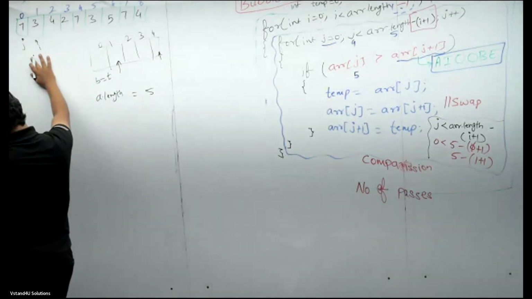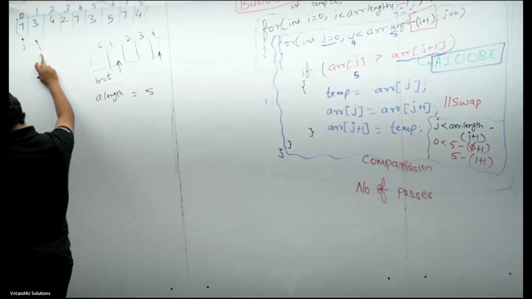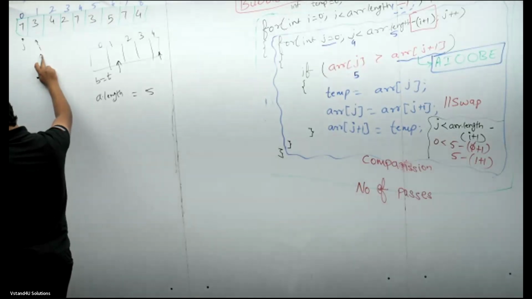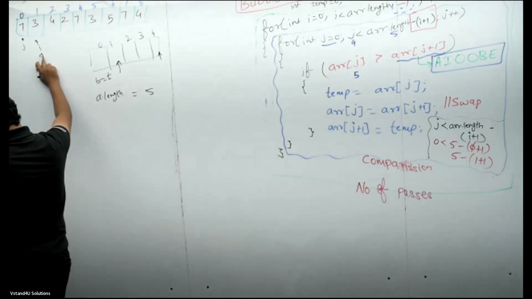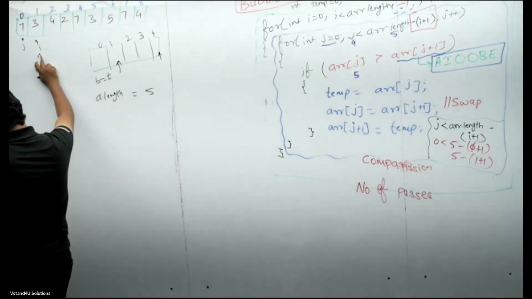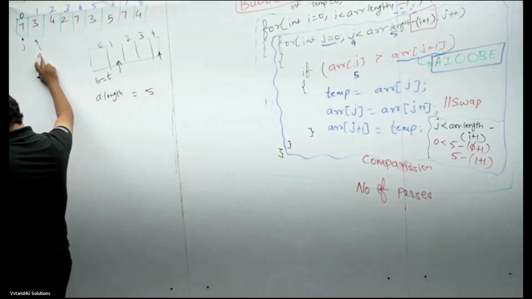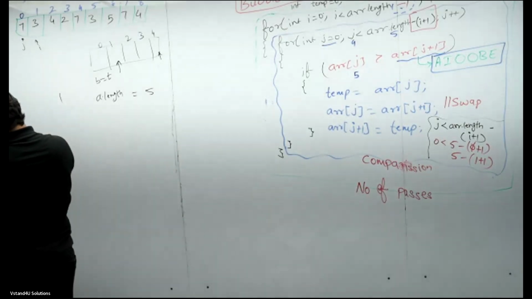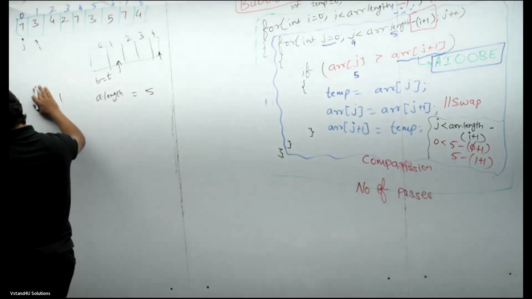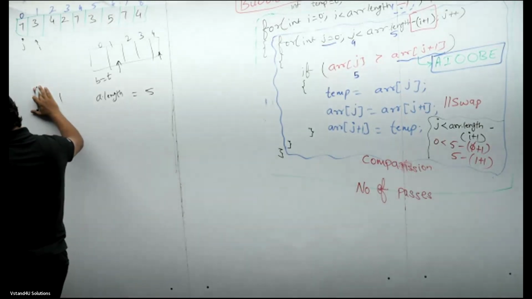Perfect. Now when you compare J and I, false is assigned to the flag. Okay, flag is assigned false. Then you are keeping false. Can you directly keep this here only? No? Why?